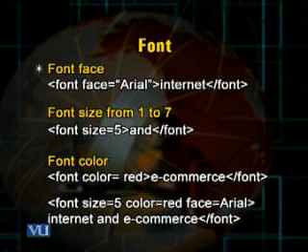And then I close the starting tag's angular bracket, then I write the word internet, and then I close the font tag with the backslash. So accordingly, the word internet here would be displayed in the font type Arial.